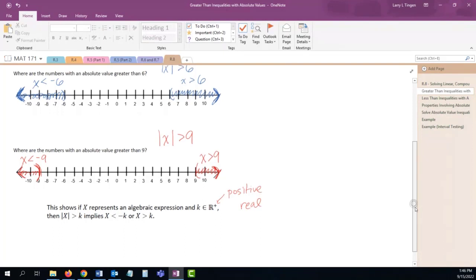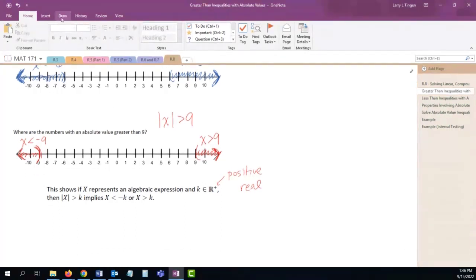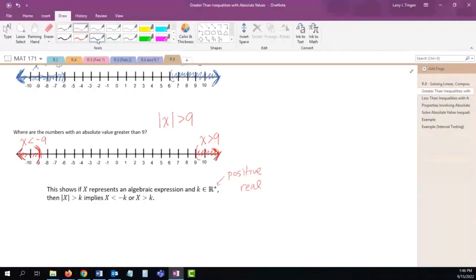How in the world are you going to remember this? How am I going to know what to do? You're throwing everything at me and I'm getting confused. This is what I want you to remember. If the absolute value of X, and I'm doing a capital X here just to draw attention to it, some algebraic expression, is greater than k. Great, and I want you to misspell this on purpose: greater.